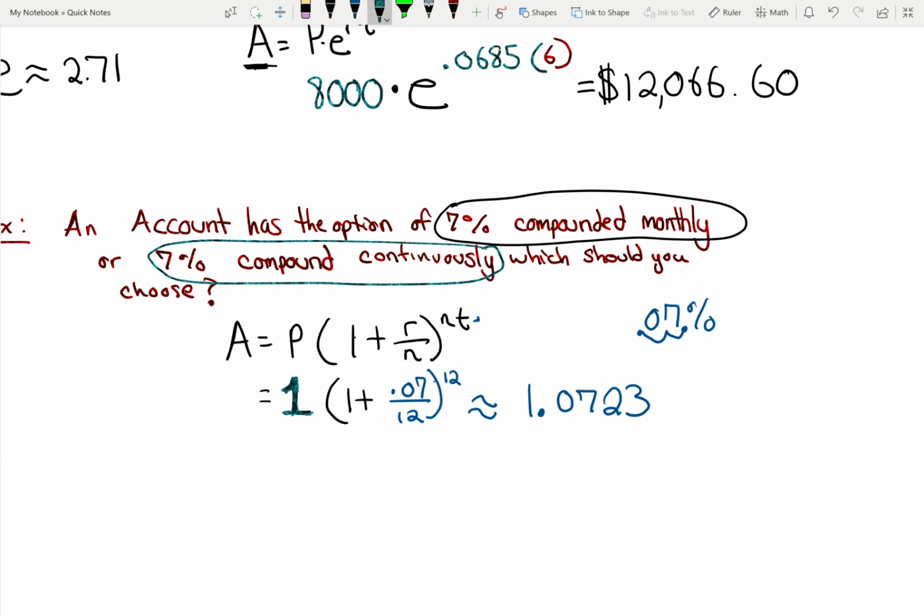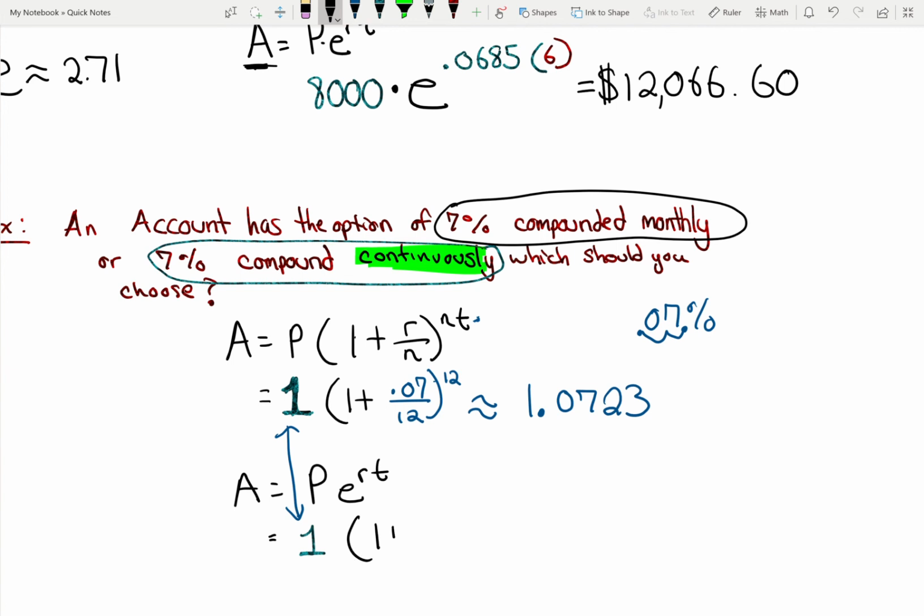Okay, so the next one is compounded continuously. We found the keyword here, which is continuously. So we're going to use the formula A equals P e to the rt, P times e to the rt. Again, fill in what we know. Because they didn't give us an initial amount, whatever it is, just make sure these are the same.